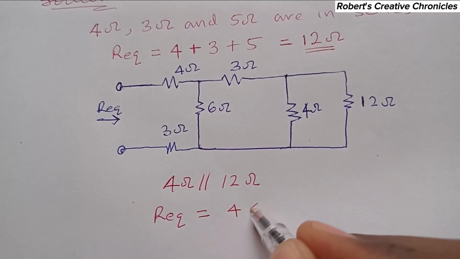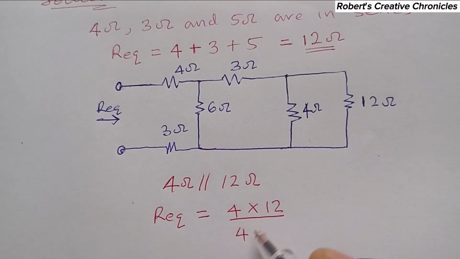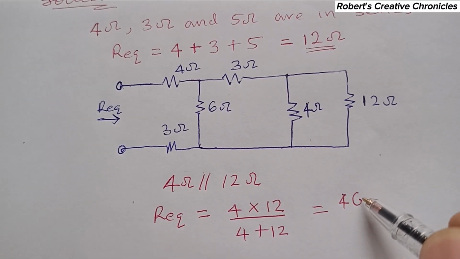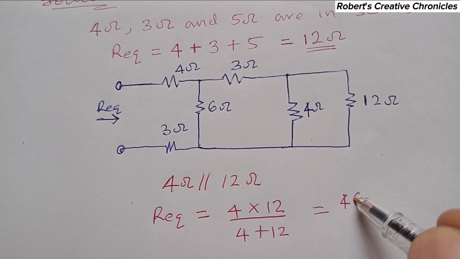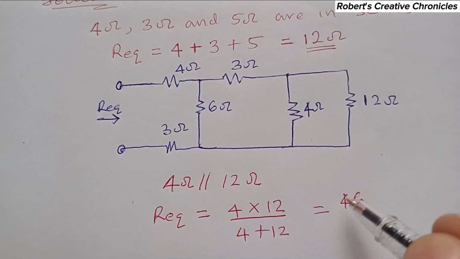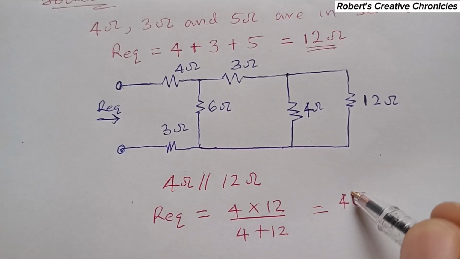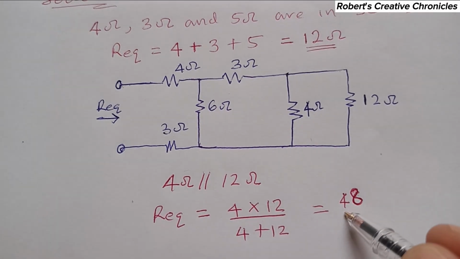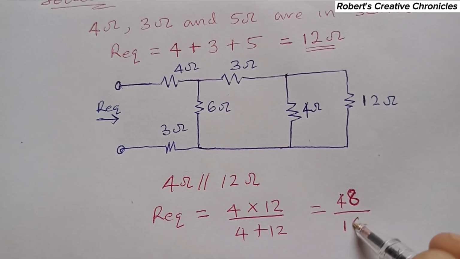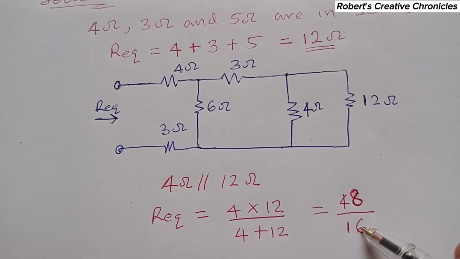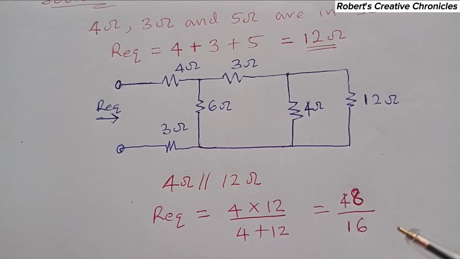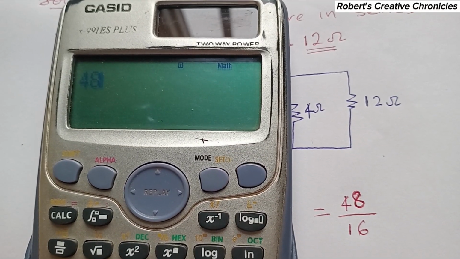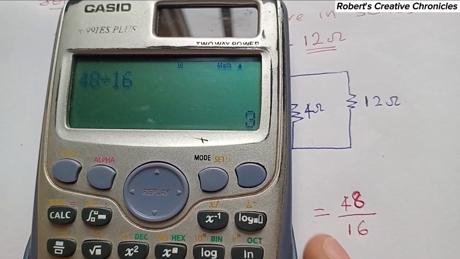So you find the product over the sum. 4 times 12 is 48. 48 over 16, divided by 16 is 3.